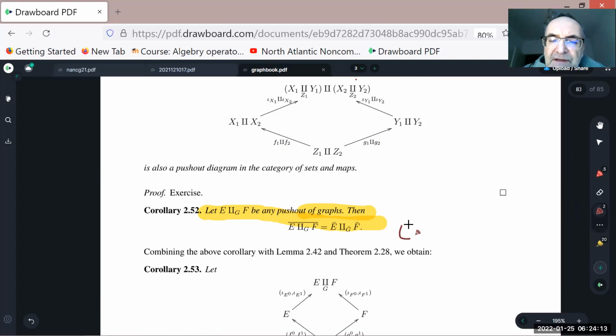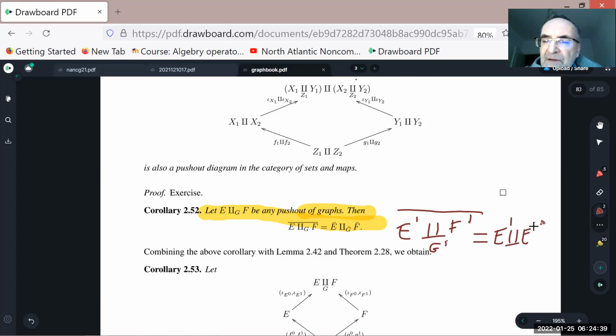I'm looking at E1 disjoint union G1 F1 extension on one hand side, and this should be equal to E1 disjoint union with E1 star.